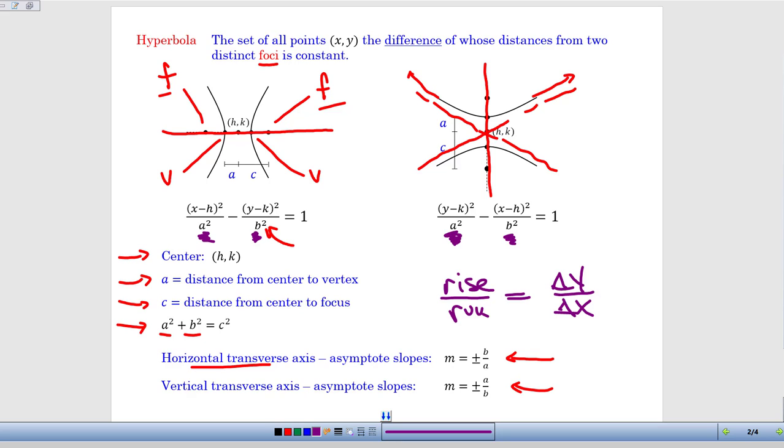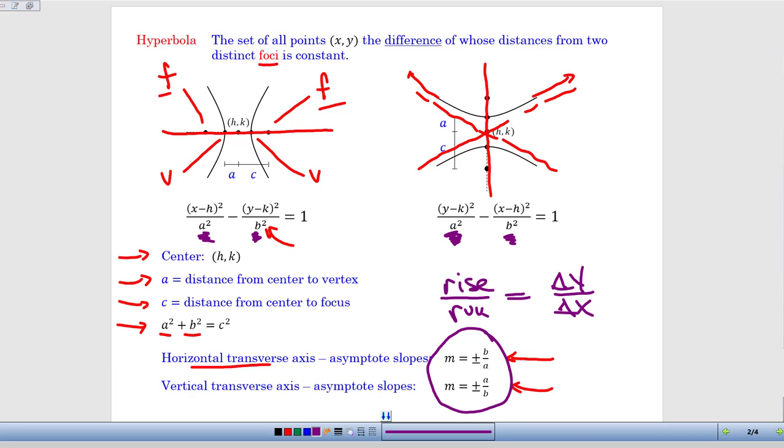So I just remind myself that I'm going to stay with that idea. I'm going to go with the y denominator over the x denominator to figure out the slopes of the asymptotes. And then the one thing that we do have to remember is it's a over b or b over a. It's not a squared over b squared or b squared over a squared. So we just have to remember to take the square roots of those denominators when setting up our slope fraction.